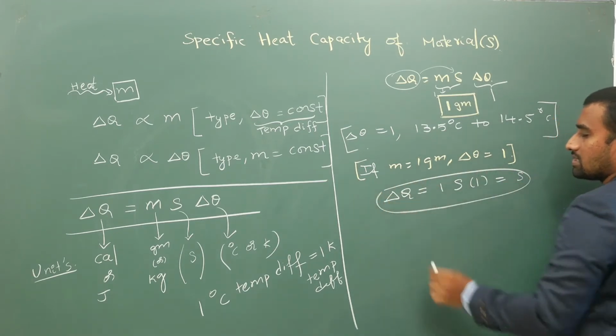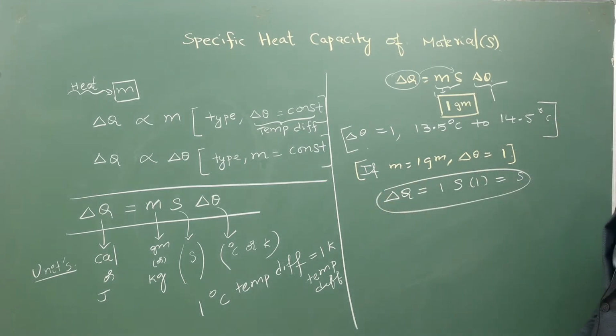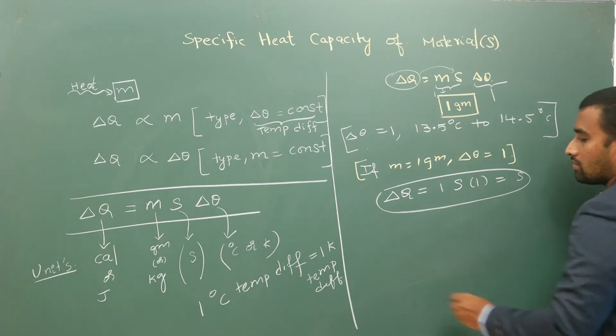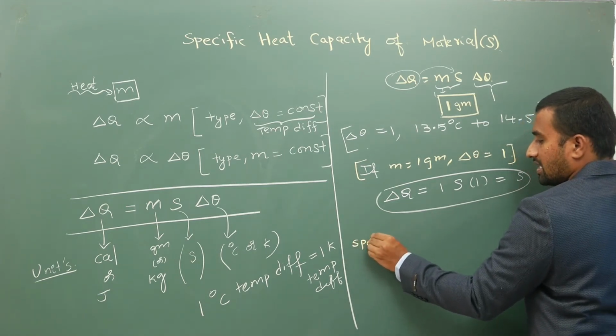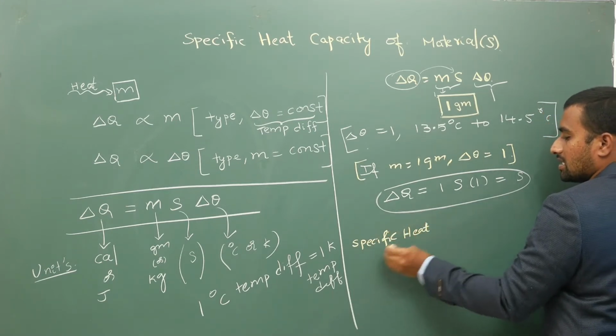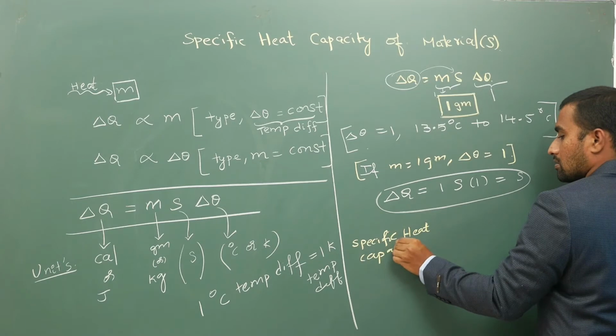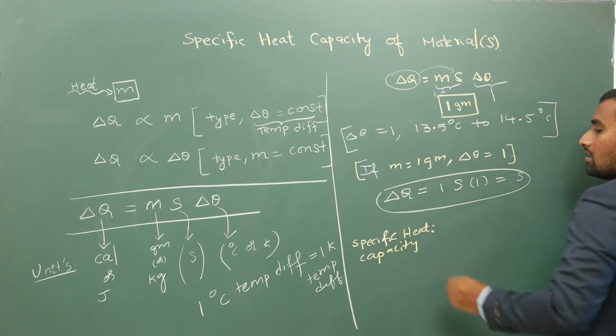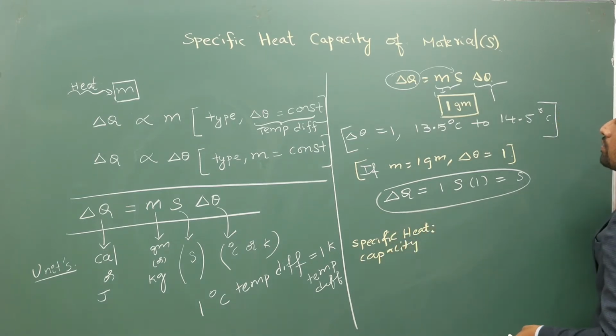So from this I can say what your specific heat means. Specific heat capacity is the amount of heat required to raise the temperature of 1 gram of a substance by 1 degree centigrade.